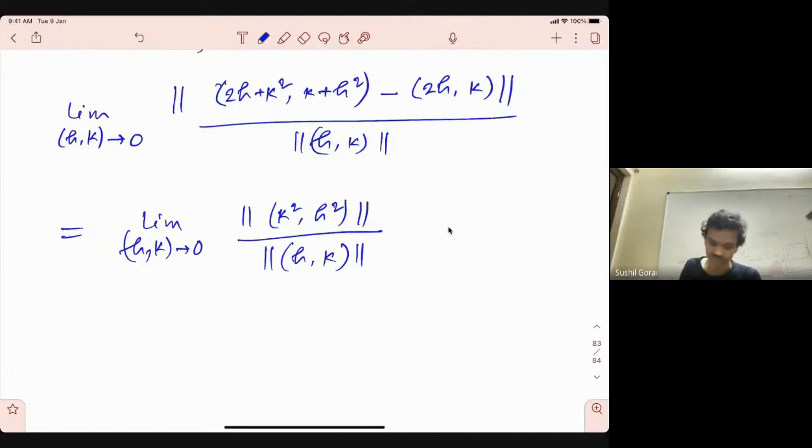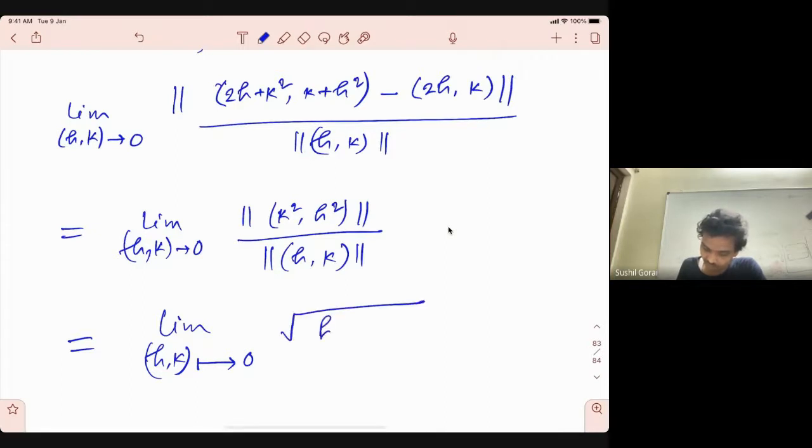Now you have to remove the norm. So let's say (h,k) tends to 0, and here we look at the square root of h to the power 4 plus k to the power 4 over the square root of h square plus k square.